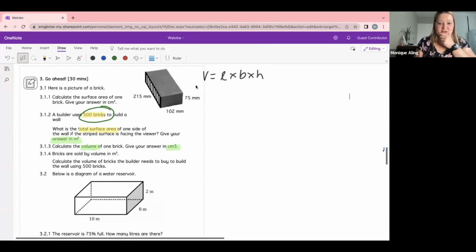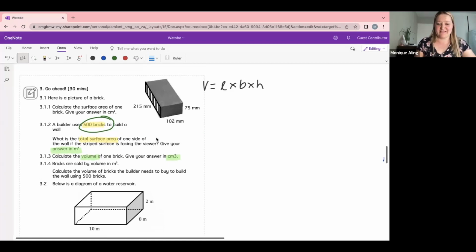Yeah, good. Guys, I'm seeing the answer for the next rectangular prism, the next rectangular box, not the brick.